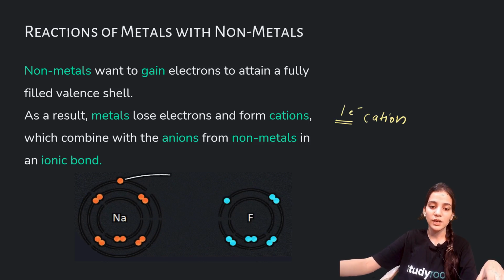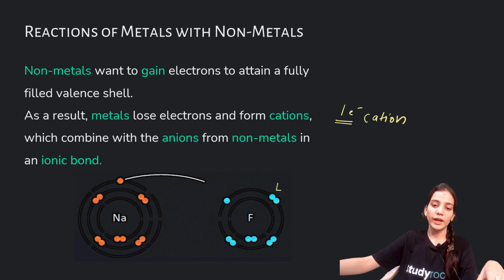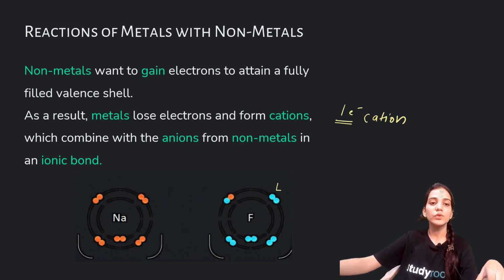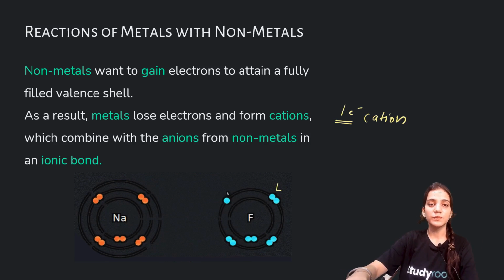In the case of chlorine, the outermost L shell has 7 electrons in it. Instead of losing 7 electrons, it will try to gain 1 electron so as to become more stable.